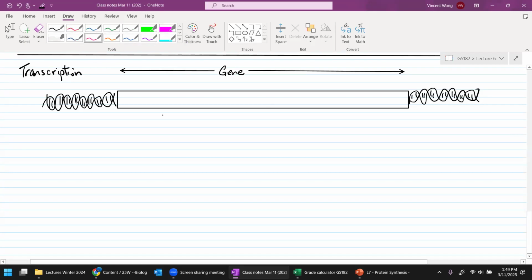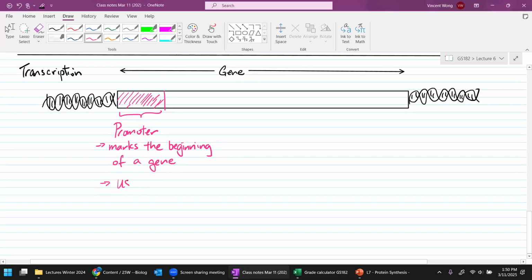Similarly, for a gene, there is going to be a section at the beginning that has special sequences. We call this the promoter. The promoter marks the beginning of a gene, and it is usually AT rich.